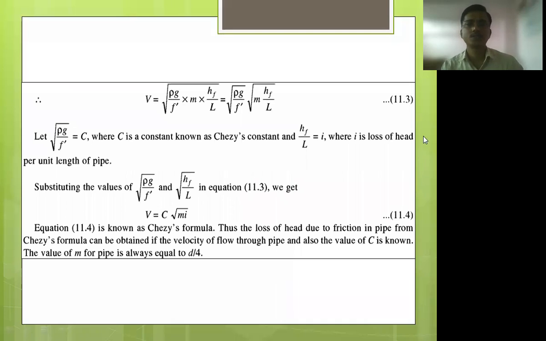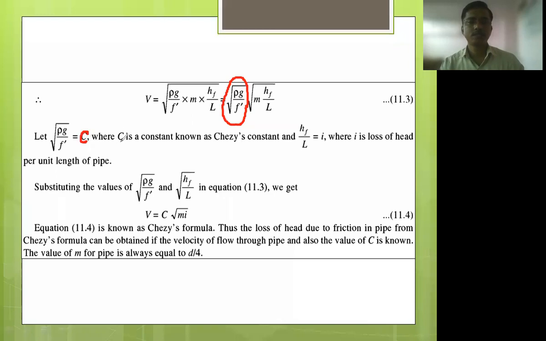Now here taking the square root on both sides, I can write these terms like this, and instead of this part, C is written.